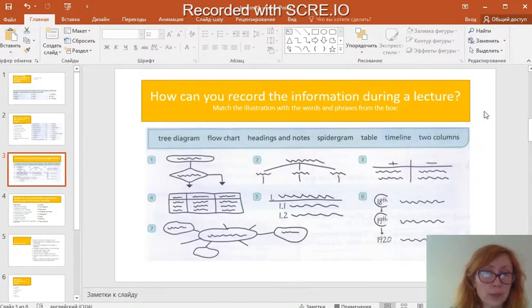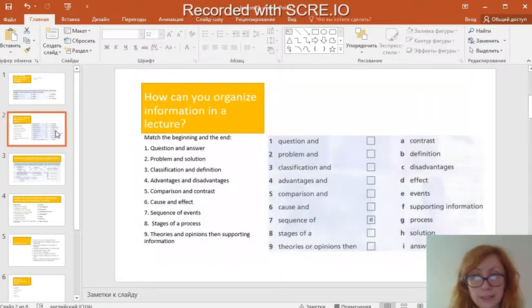Then the next one. If we continue to speak about information, in this context we speak about information you get from a lecture, from a lecturer, like a university professor who delivers a lecture. They organize the information in one of these ways.